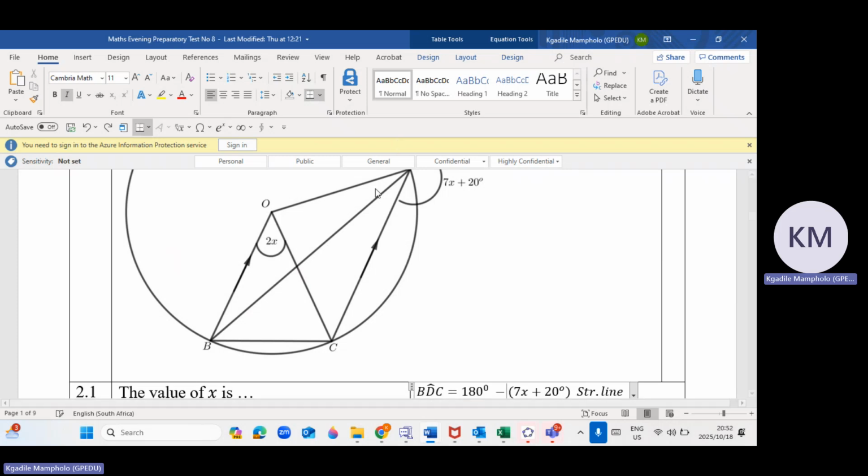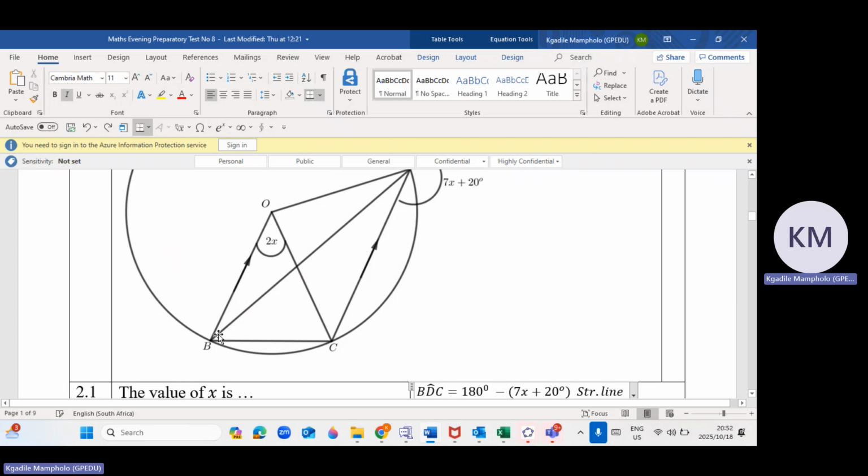Now, we know that OD is the radius, OC is the radius, and this will make this triangle an isosceles. So if two sides are equal, then angles opposite to them are also equal. But where do we start? We start by finding this angle OCD.